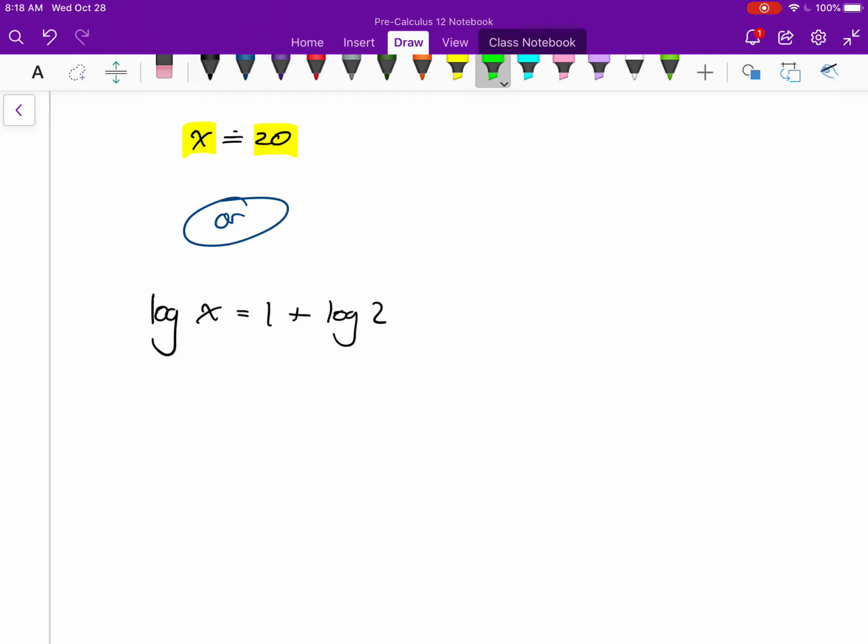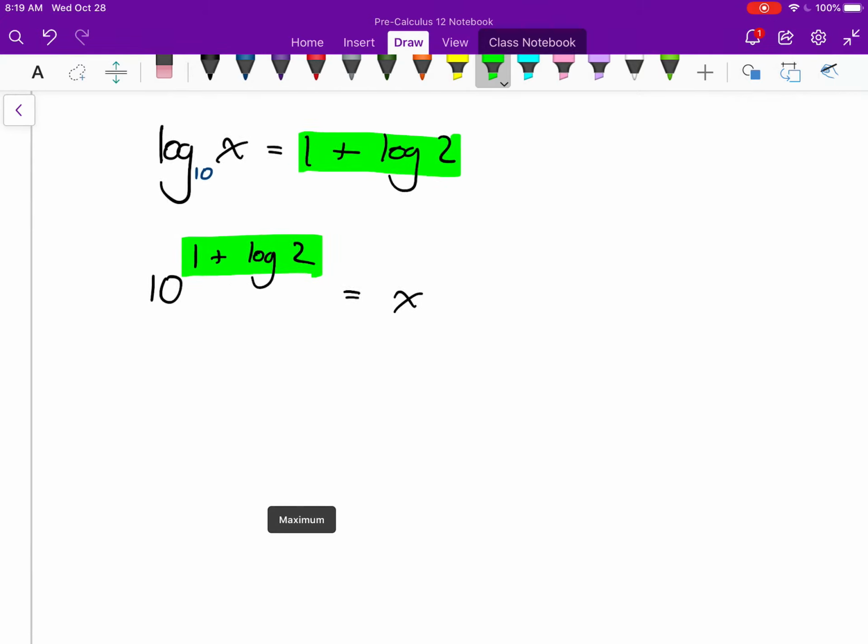It looks kind of messy, but all of this, again, I can think of as the output of my logarithm, so that becomes the input of my exponential equation. And again, this is base 10. And so I can write this in exponential form right now as 10 to the power of 1 plus log of 2 equals x.